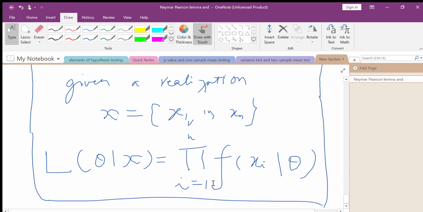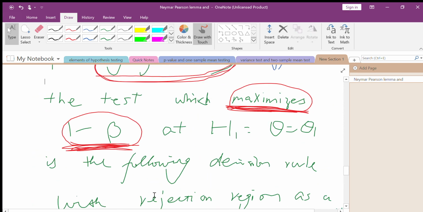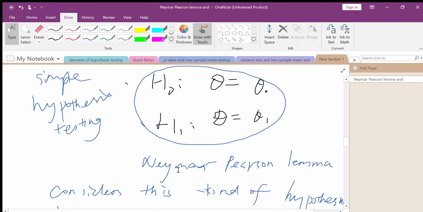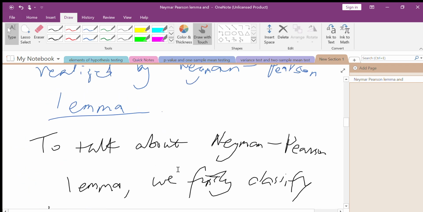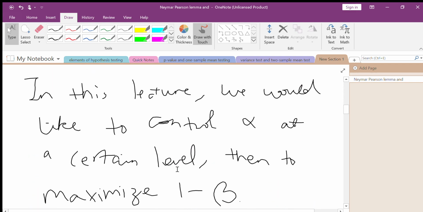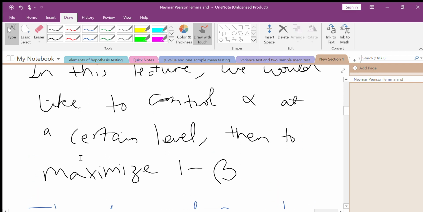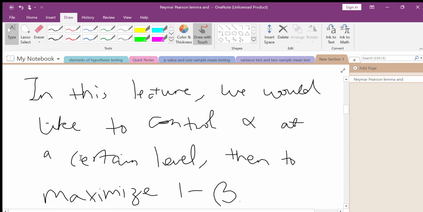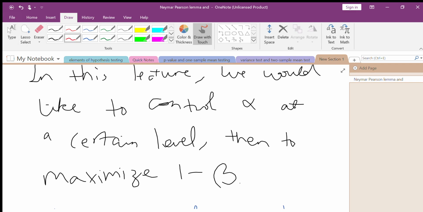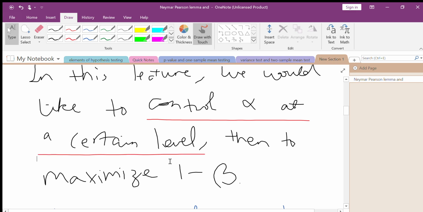Let's see an example of the Neyman-Pearson lemma. And recall our goal of today's lecture: we would like to control alpha at a certain level, then maximize 1 minus beta. So given alpha equals some small value, we would like to maximize 1 minus beta.